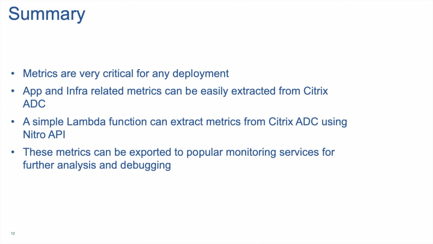And lastly, these metrics can also be exported to any of your popular monitoring services for further analysis and debugging. We can also create nice dashboards based on the monitoring services where this data is exposed.